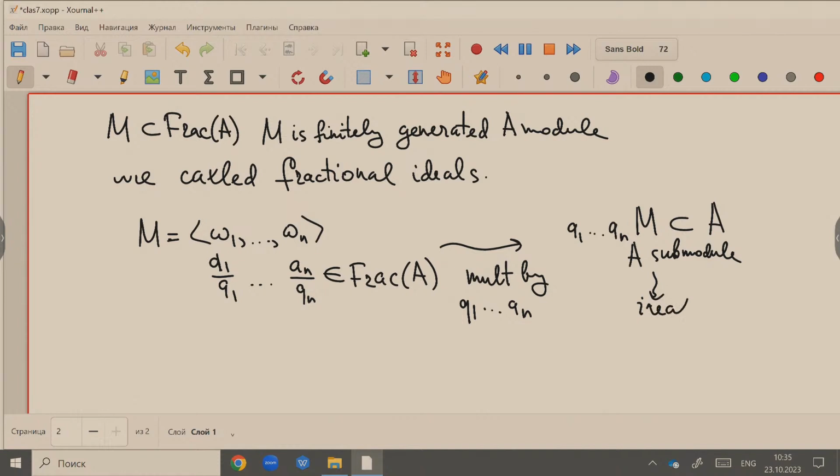So that's why sometimes one takes this as a definition: I in K is called a fractional ideal.